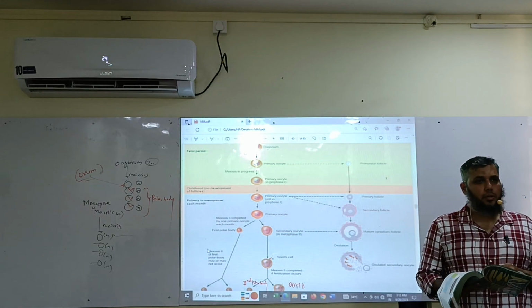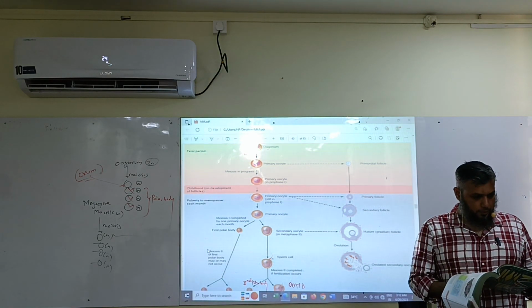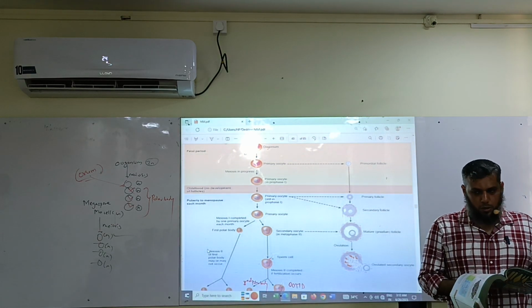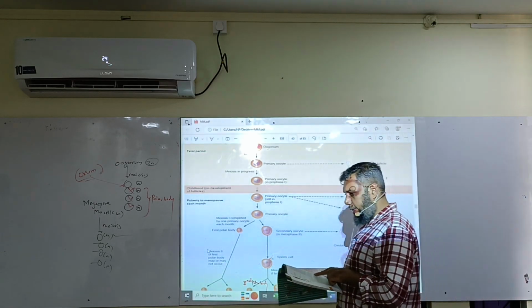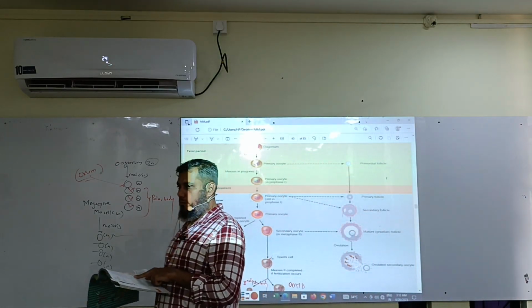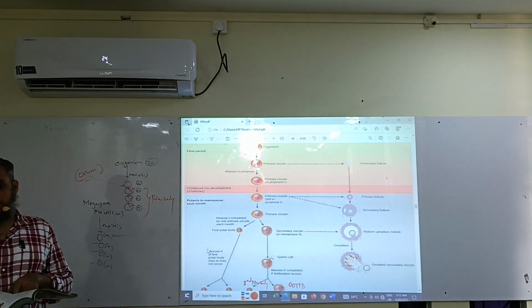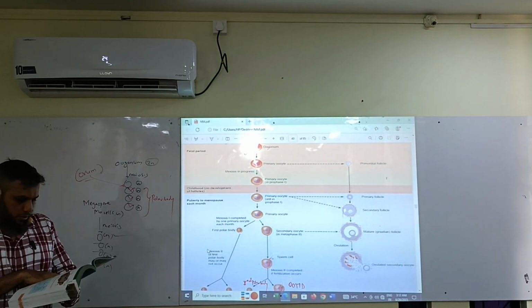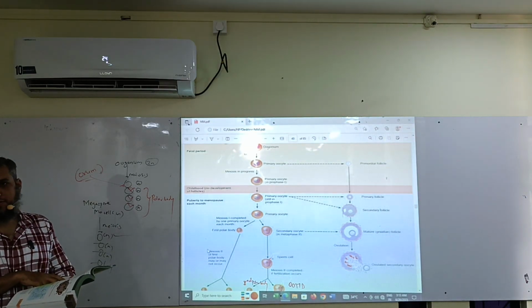Now, let's read together. The process of formation of mature female gamete is called oogenesis, which is markedly different from spermatogenesis.